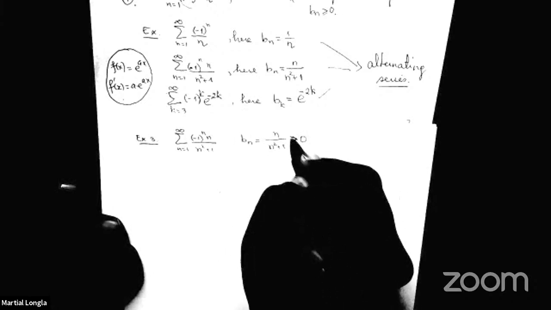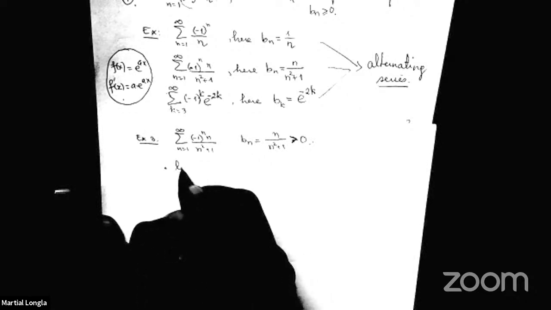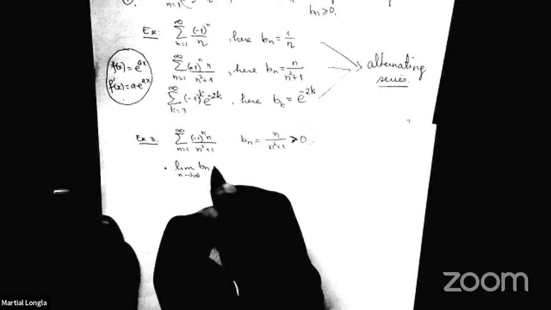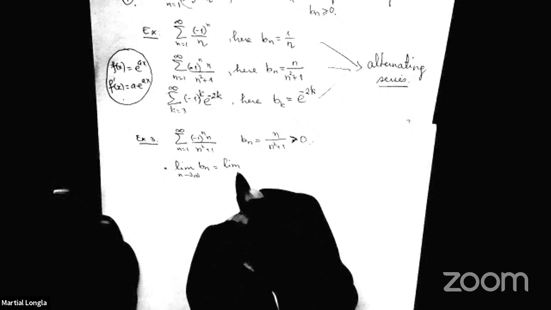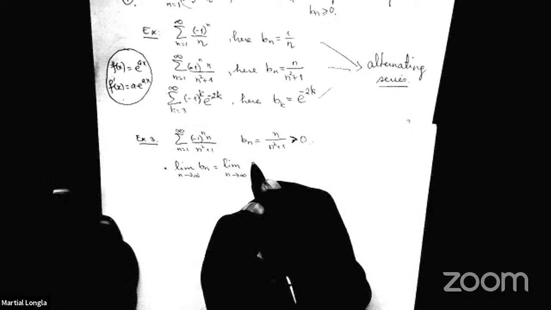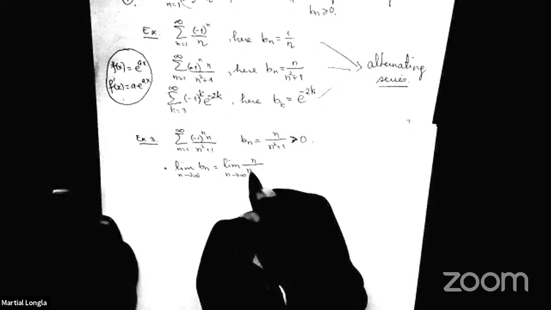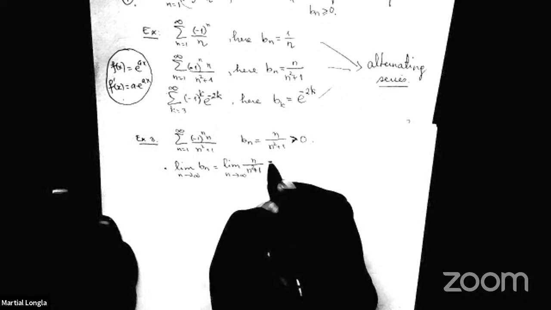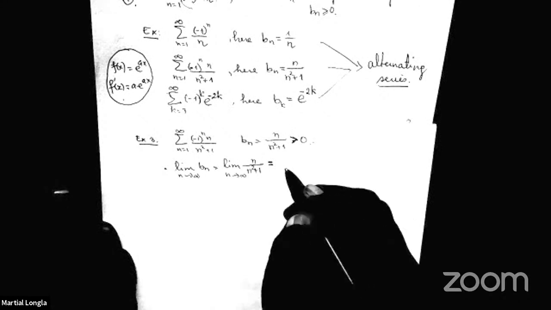This is a positive sequence, and that's okay. Now, what is the limit of bn in this case? Does it come out to 0 after you do L'Hopital's rule?